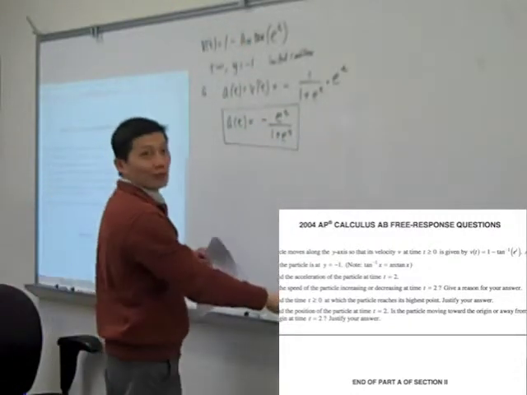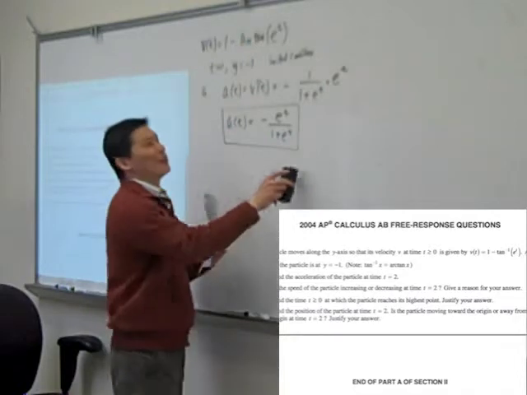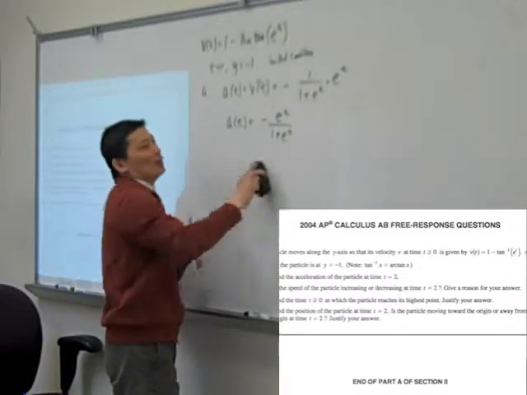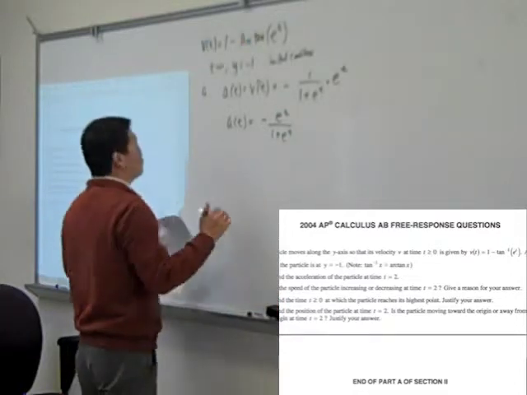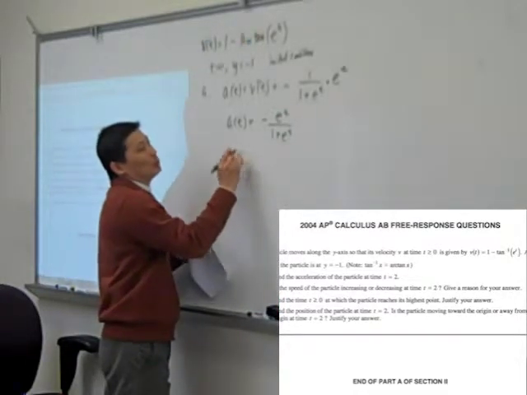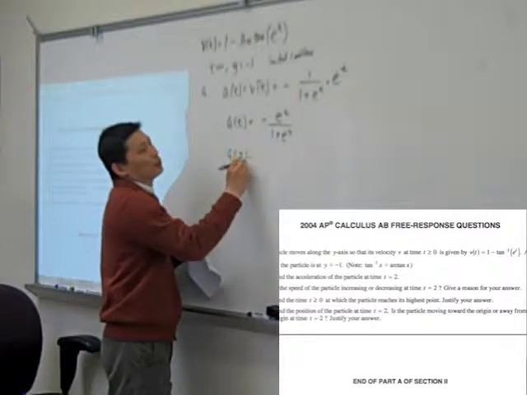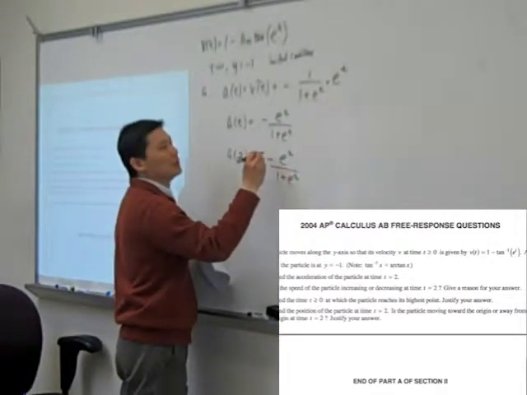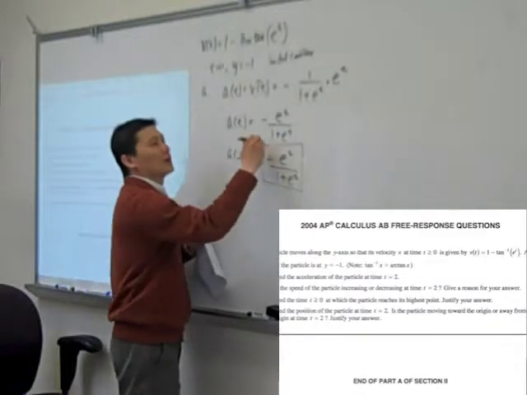Oh no, that's not the final answer. This is the answer for acceleration, but I shouldn't be boxing this yet. The problem asks for t equal to 2. So a of 2 is equal to negative e squared over 1 plus e squared. And that then is what you box.